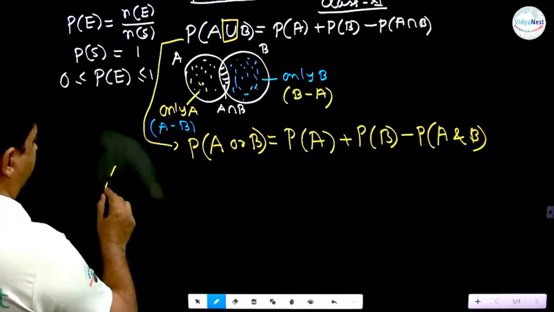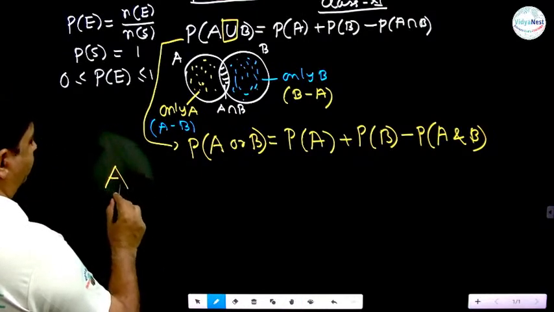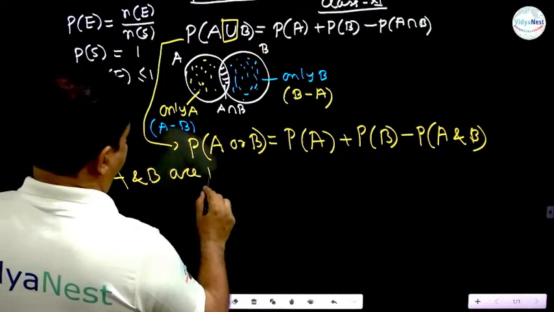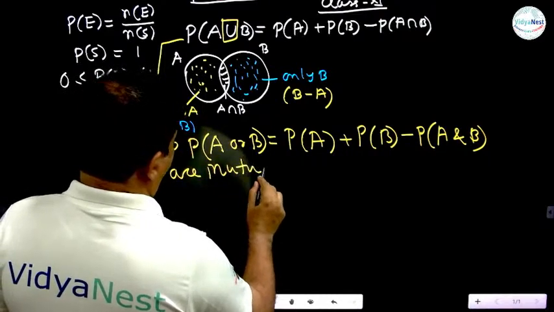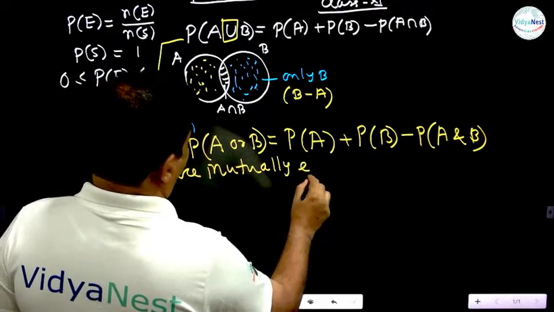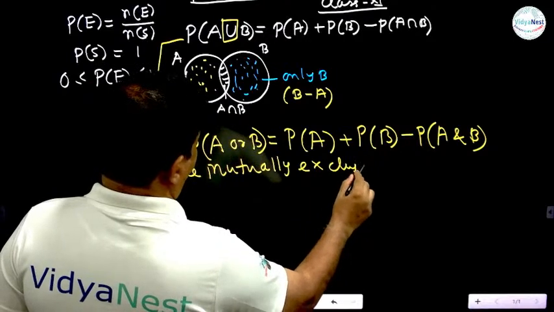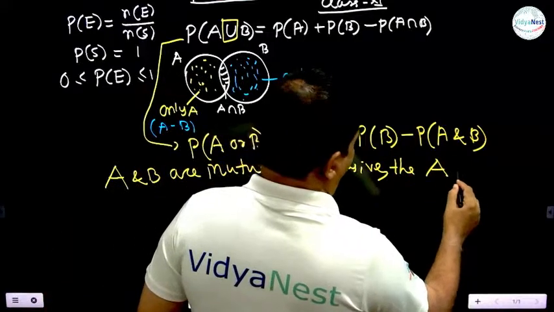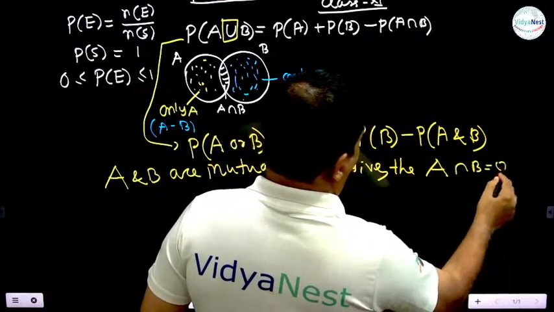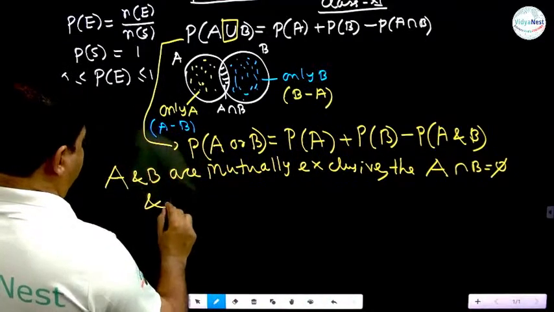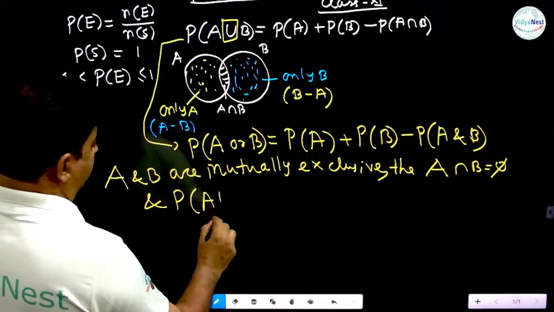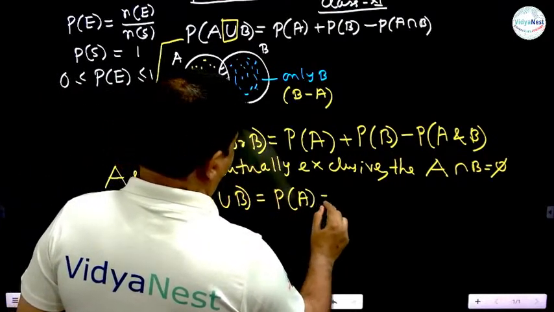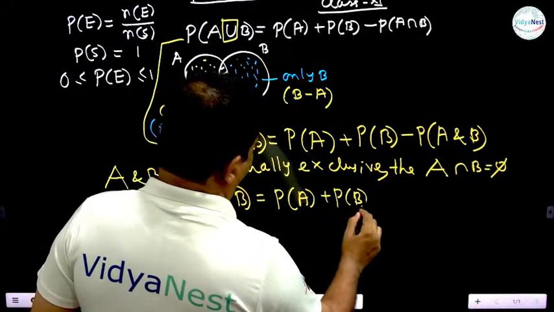If A and B are mutually exclusive, then A intersection B will be null.